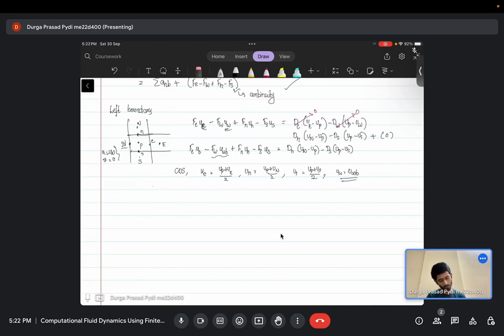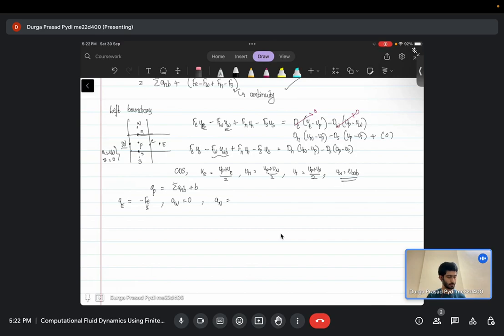So now when I write my coefficients, AP as sigma A and B plus B, all my previous coefficients will remain the same. So my A east will be D east, essentially 0, so minus Fe by 2. A west is 0 because we don't have anything on the west boundary.